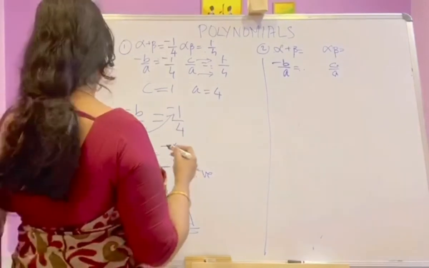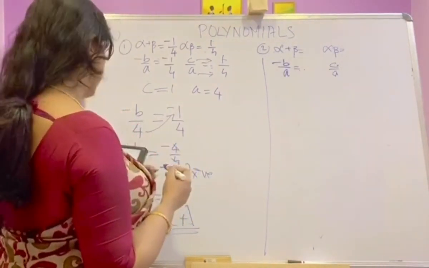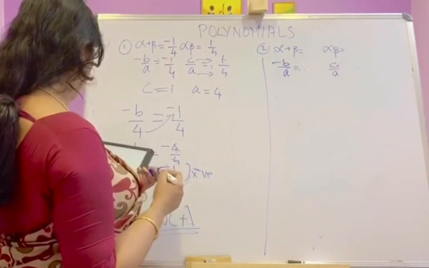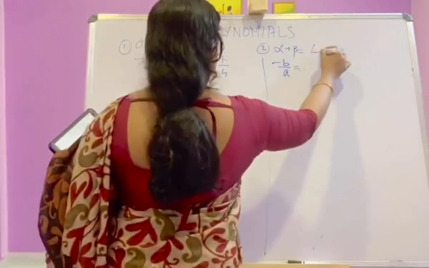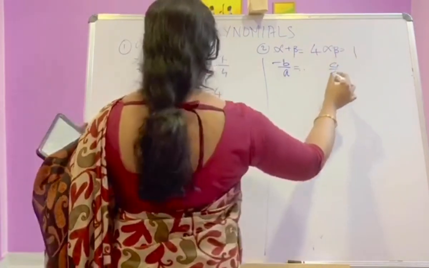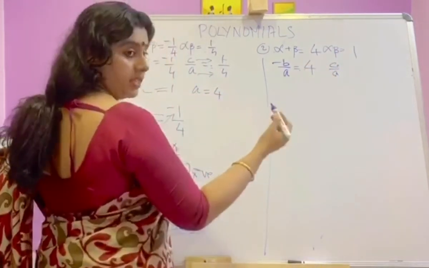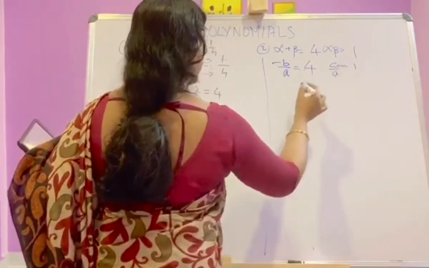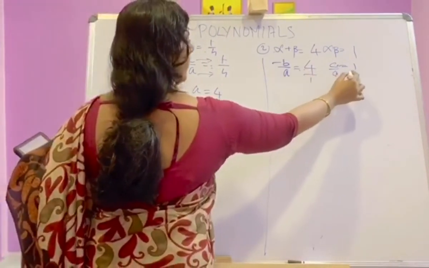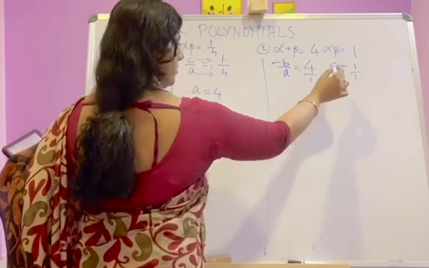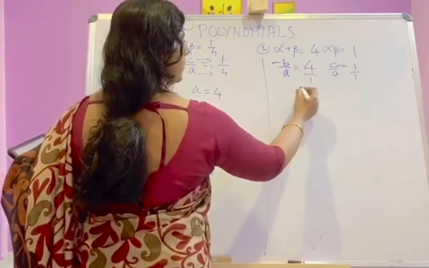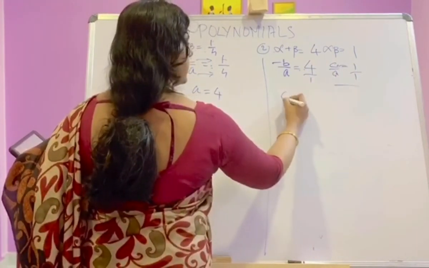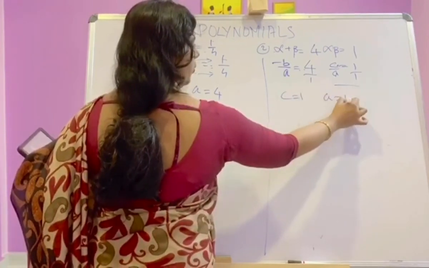Now next, alpha plus beta, that is sum of the zeros, 4 and alpha into beta 1. Negative b by a is 4 and c by a is 1. 4 means 4 by 1, c by a means c by 1 by 1. Now take this, c equal to 1 and a equal to 1.